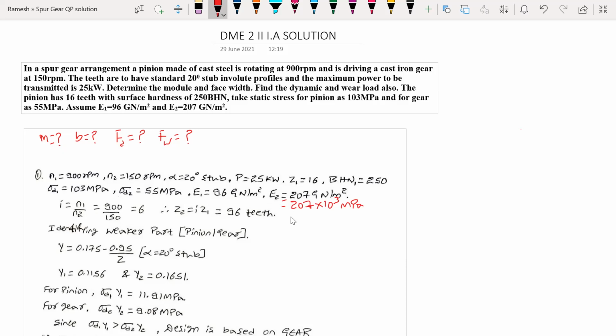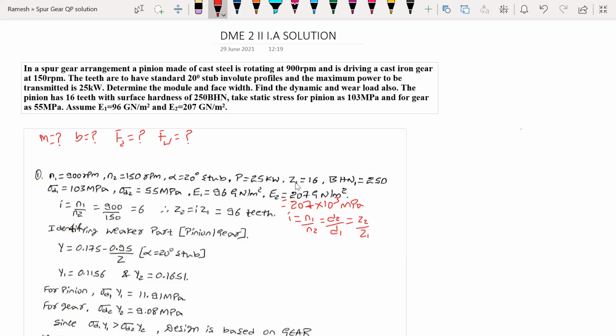We know that speed ratio I is equal to N1 by N2 is equal to T2 by T1 is equal to Z2 by Z1. That is number of teeth on gear divided by number of teeth on pinion. I can use this to find out the number of teeth on the gear.